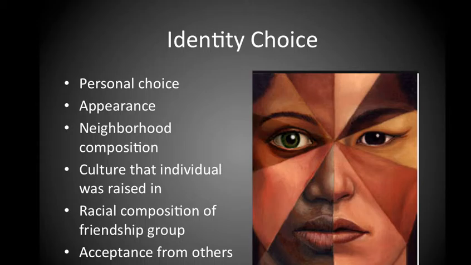This is not always the case, as the minority group may not fully accept the multiracial person. Russell, Wilson, and Hall suggest that multiracial people may not decide their personal identity based on appearance alone, but on other factors such as neighborhood composition, the culture that he or she was predominantly raised in, racial background of his or her friendship group, and acceptance of others as a legitimate member.